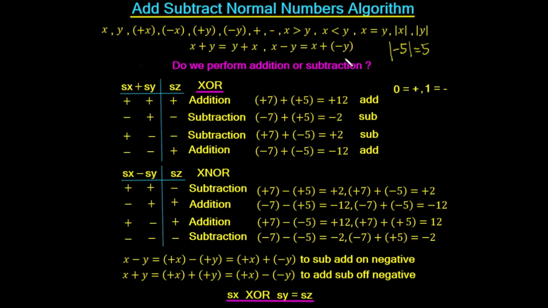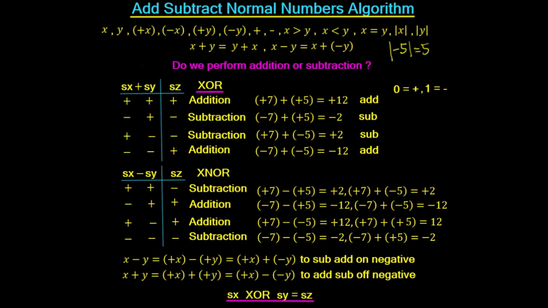Now, in order for us to do subtraction, we're going to note that whenever we subtract one number from another, it's equivalent to adding on its negation. So for example, x minus y, well that's the same as writing x plus the negative of y. So these are the only properties that we're really interested in terms of our mathematics.